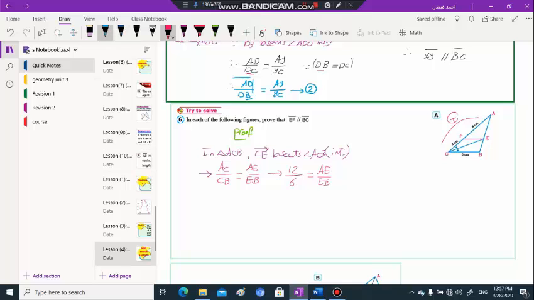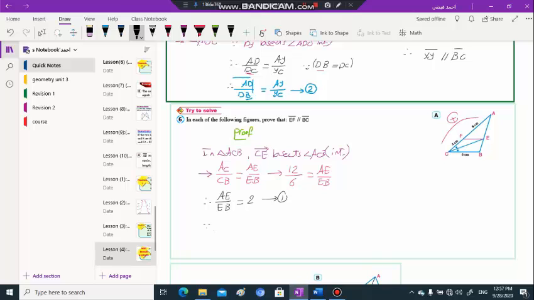Therefore, AE over EB equals 2, and this is number 1. And we'll take the ratio between AF and FC.